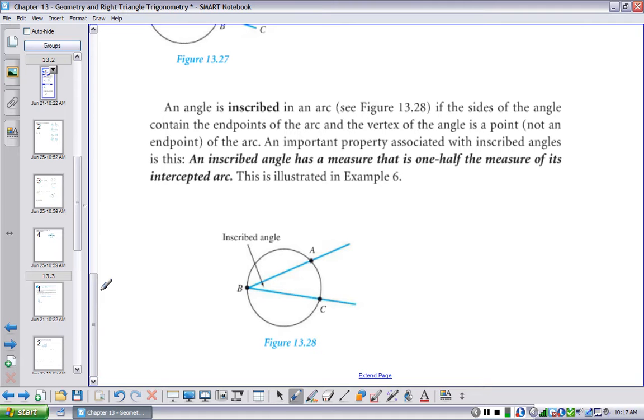We have what's called an inscribed angle. An angle is inscribed in an arc if the sides of the angle contain endpoints of the arc and the vertex. So we have the vertex here. We have points there on the circle.